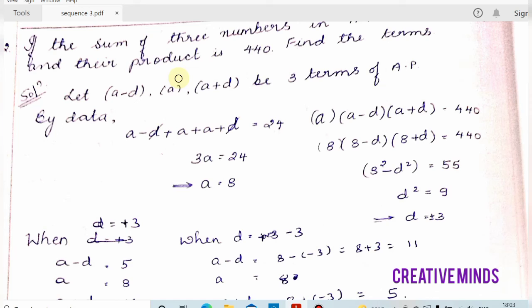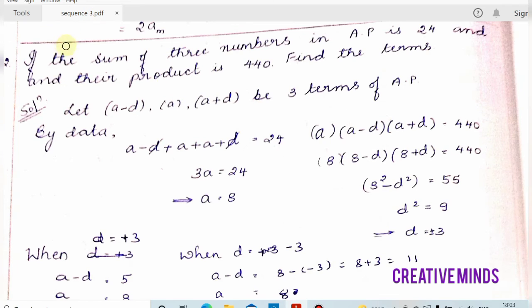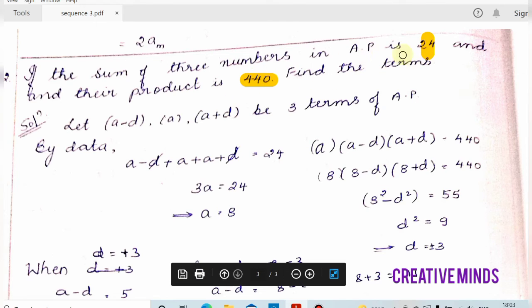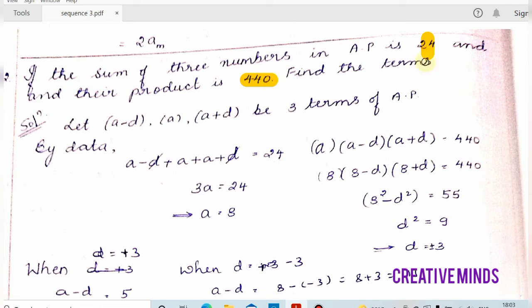Now I will move on to the next problem. If the sum of three numbers in AP is 24 and their product is 440, find the terms. They gave that the sum of three terms in AP is 24 and their product is 440. Find the terms. So let A minus D, A, A plus D be the three terms in AP.